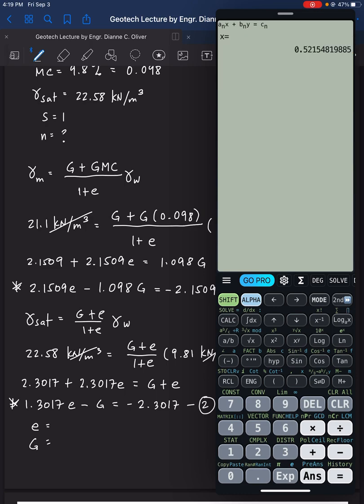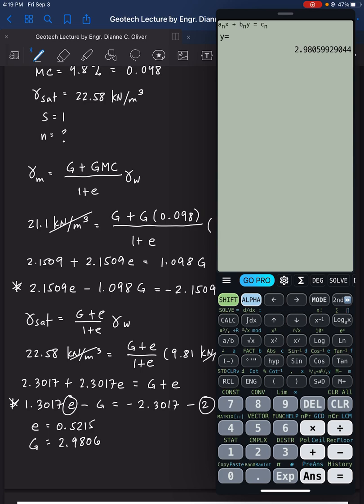So the value of x, the first one, meaning the E here, is 0.5215. The value for G is 2.9806.